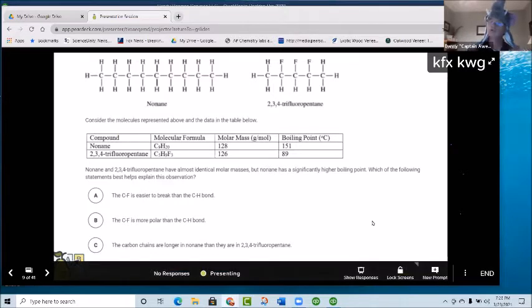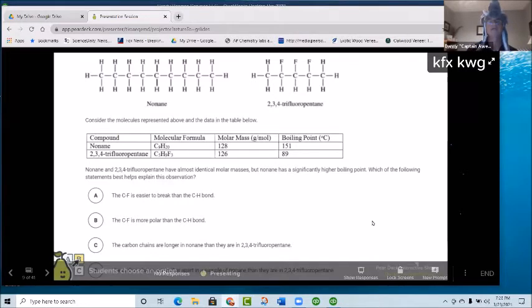All right, so here's a multiple choice question that you would see about the higher boiling point and stuff like that. Notice the molecules. Nonane is, again, a hydrocarbon, and trifluoropentane is a hydrocarbon, but it's also got fluorine on it, right?